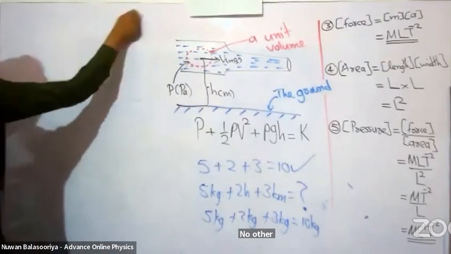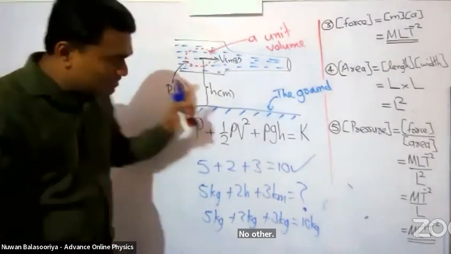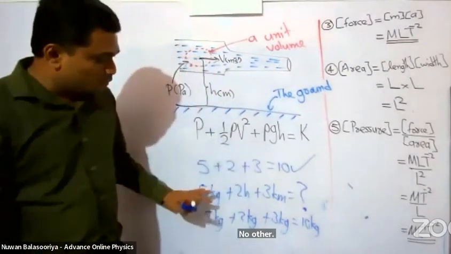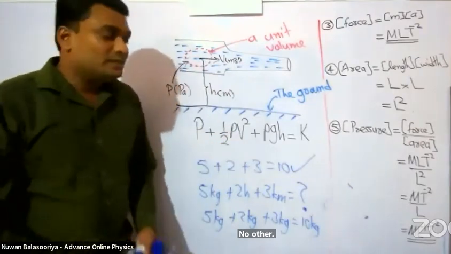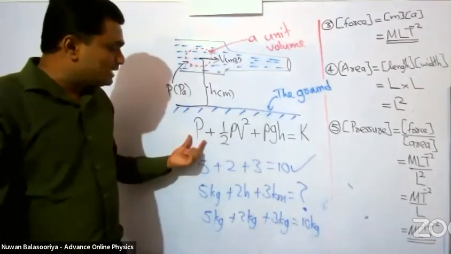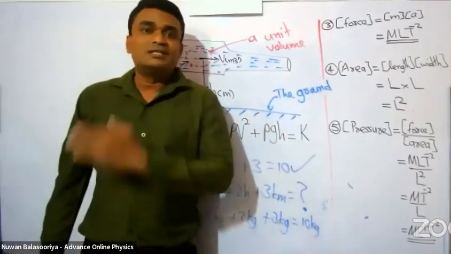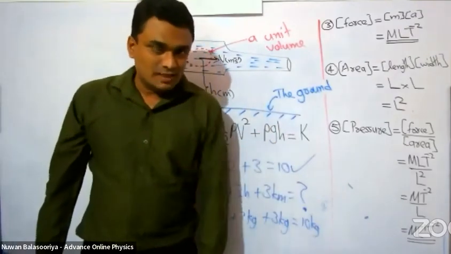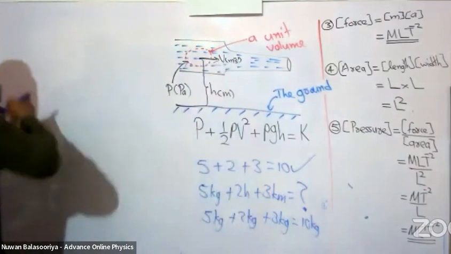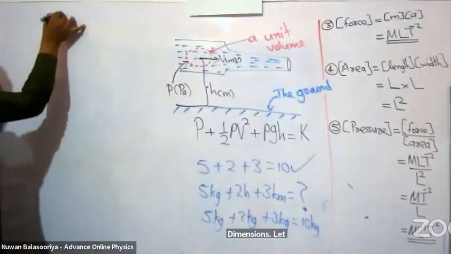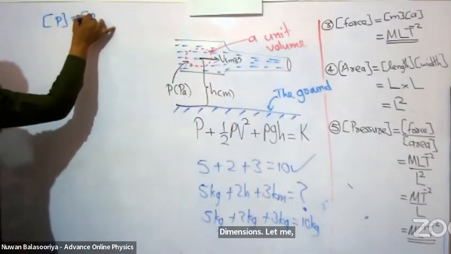Look at what it is. So when a question is given in the exam, if it asks you to prove that an equation is dimensionally correct, what you want to do is prove that all the three terms have the same dimensions. Right? Let me consider pressure. P is a pressure.